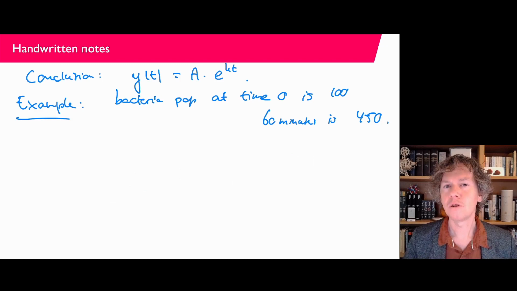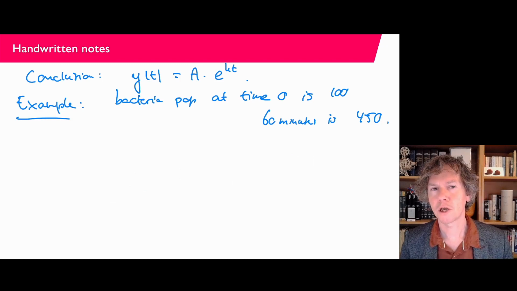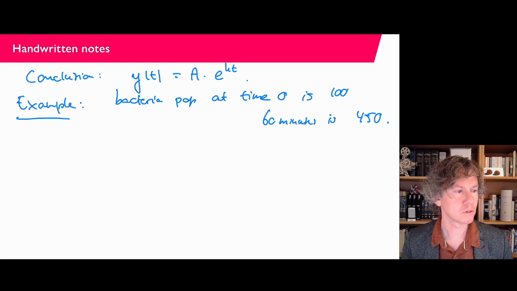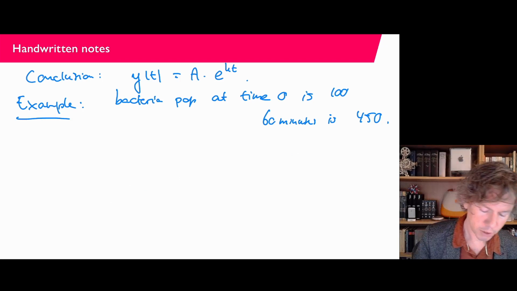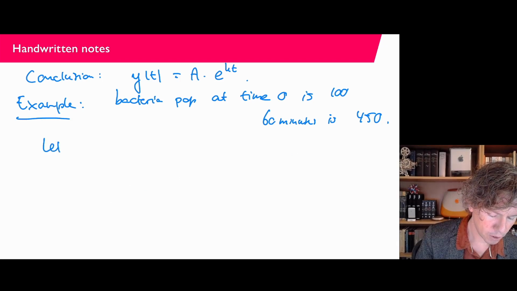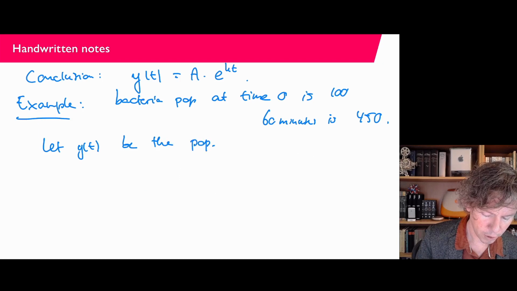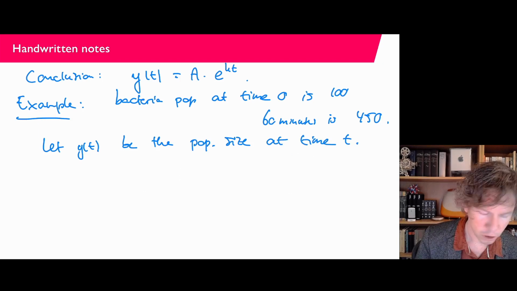Now, you could ask yourself the question, can we determine the population size at any moment in time? So let's call that y of t. Let y(t) be the population size at time t.